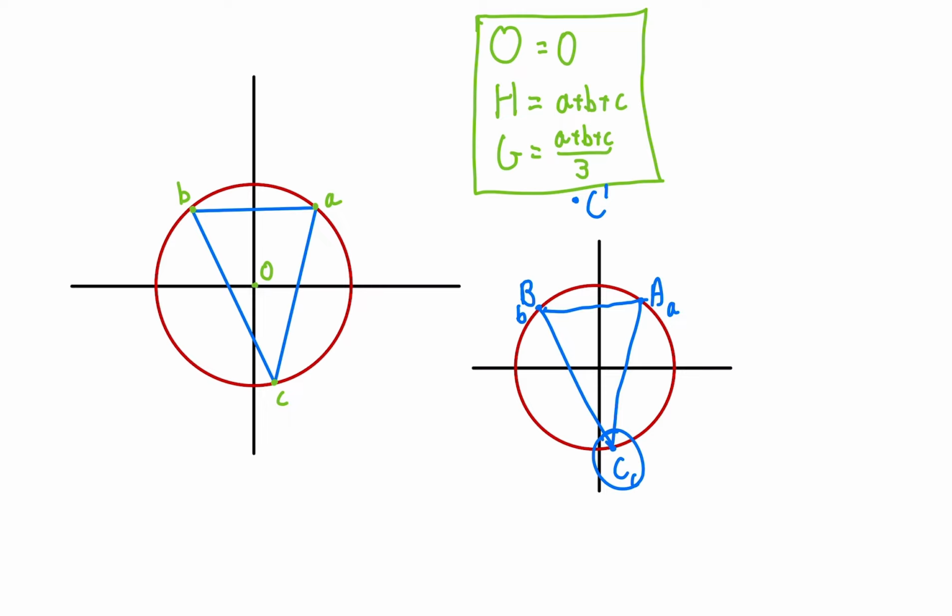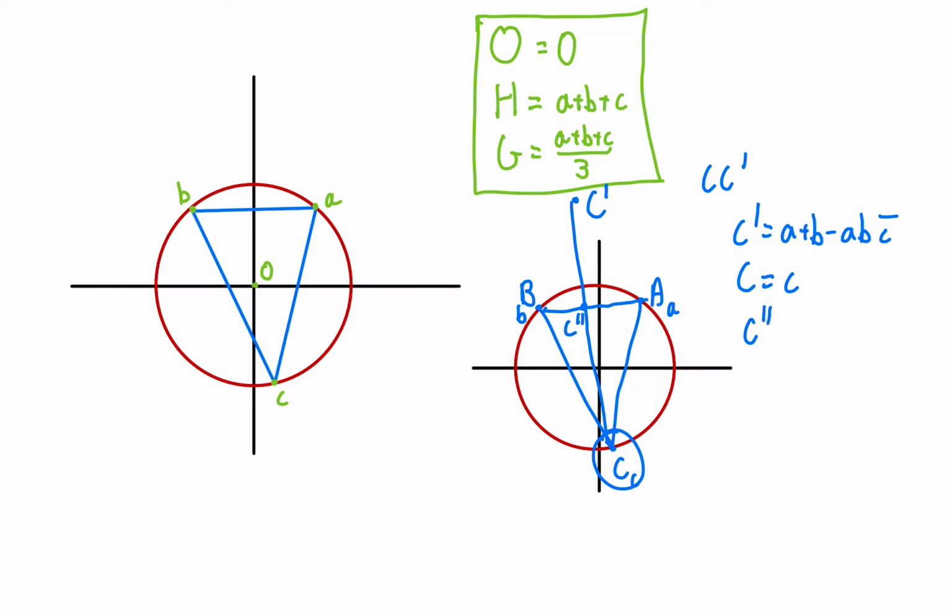Okay, and so now let's find the altitude from C to AB, which is here. This is easy because it's just the midpoint of C and C prime. C prime is equal to A plus B minus AB times the conjugate of C, and C is equal to C. So this point in the middle, let's call that C double prime.